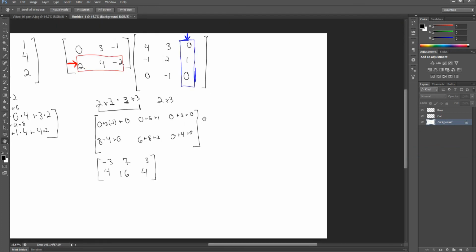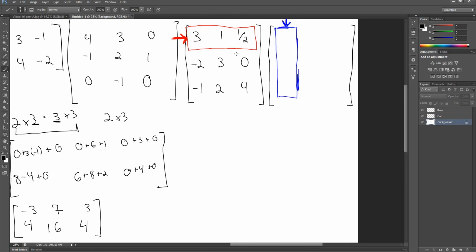Alright, we're going to do one more example and then discuss the properties. So I have my first matrix, which is a 3 by 3. I'm going to make another 3 by 3 matrix. So we have our inside as the same, so our result will be a 3 by 3.